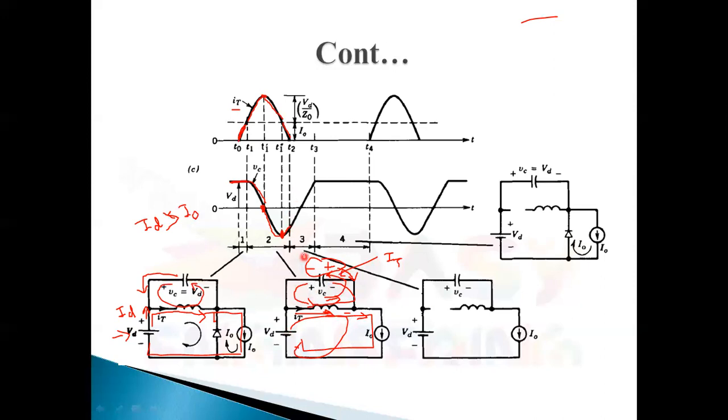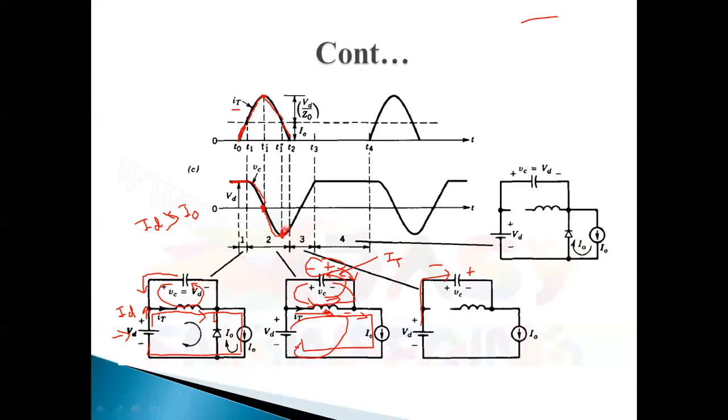In the third mode, what will happen? Because capacitor VC in this manner is discharging its energy in the reverse direction of the IT current, this switch will be off, and the VD voltage appears across this capacitor. The polarity is positive and negative now.